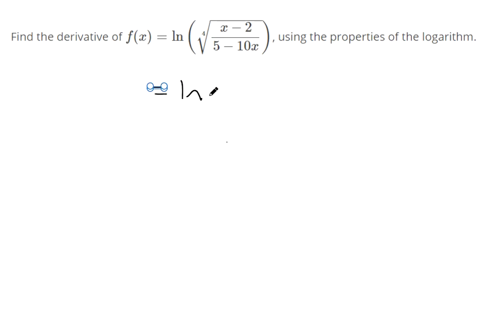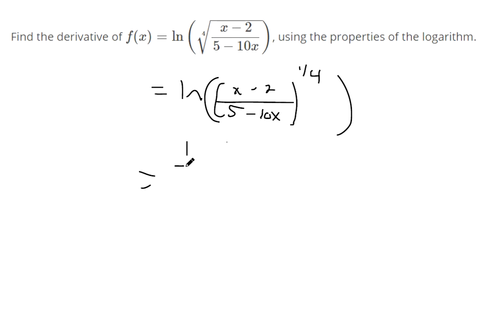Using the properties of logarithms. Remember, a fourth root means it's a 1/4 power. This is all to the 1/4, and then it's a logarithm of this whole thing. So what you'll want to do is first use the power property of logarithms, the exponent property, I guess it's sometimes called.